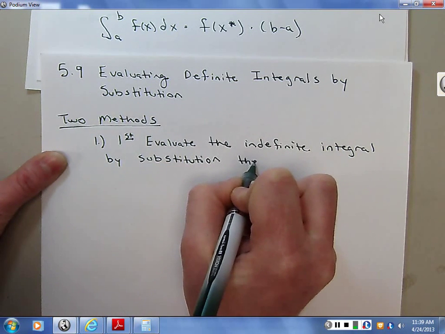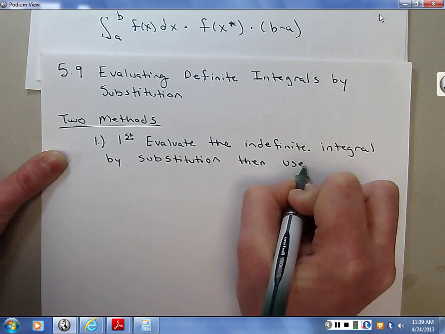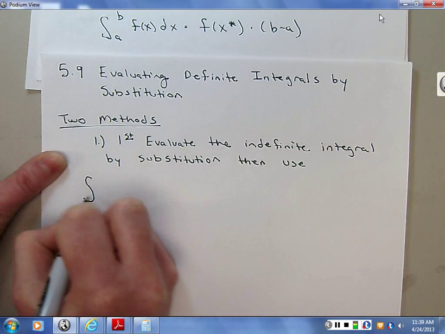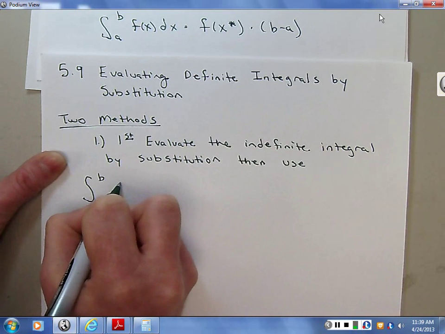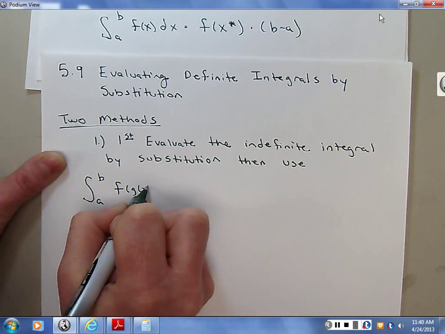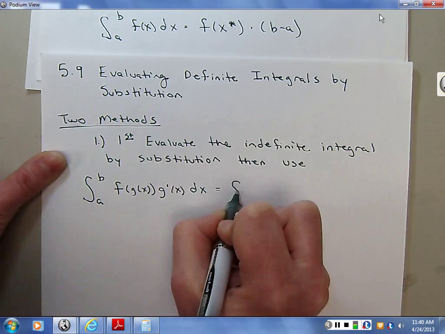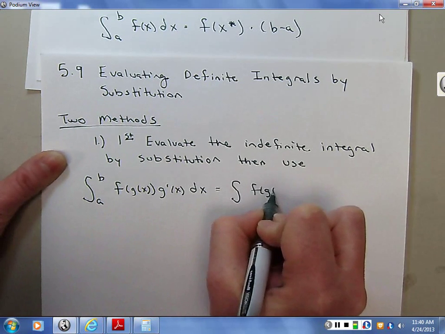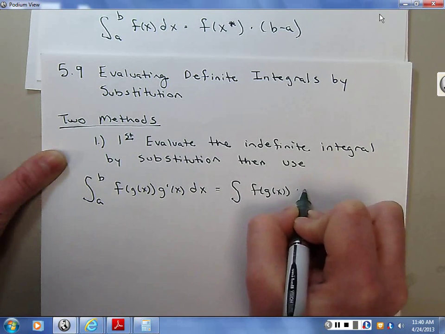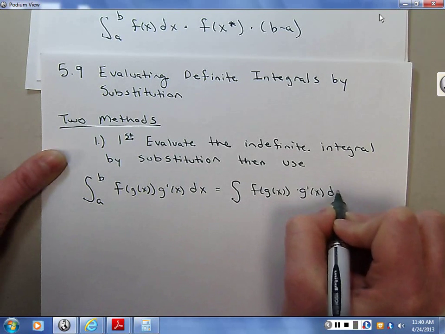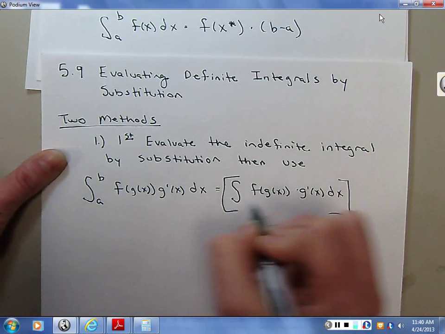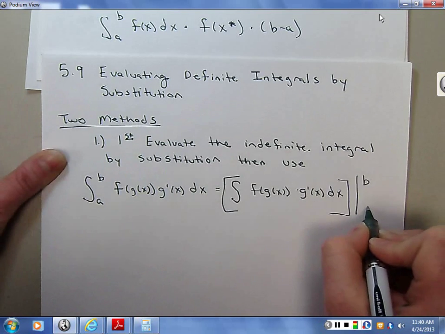Then use this idea that the integral from a to b of f of g of x, g prime of x, dx, is going to equal the integral of f of g of x times g prime of x, dx, and then plug in the upper bound and the lower bound.